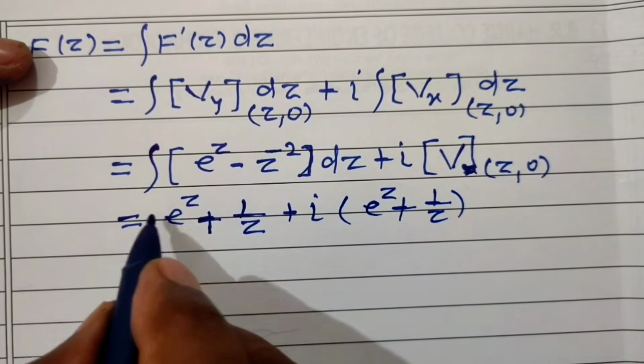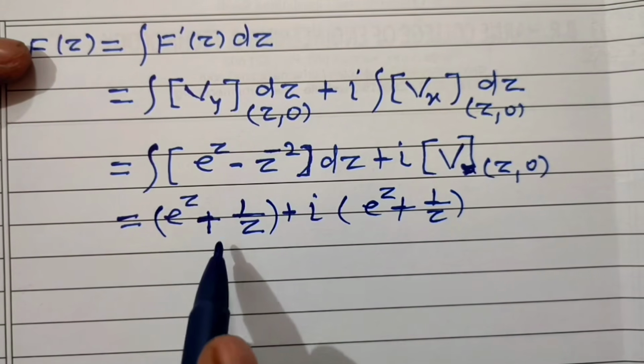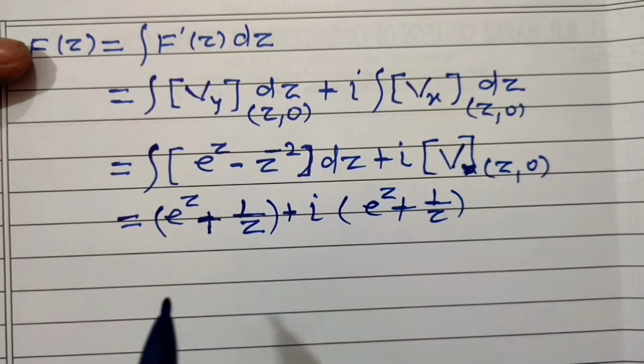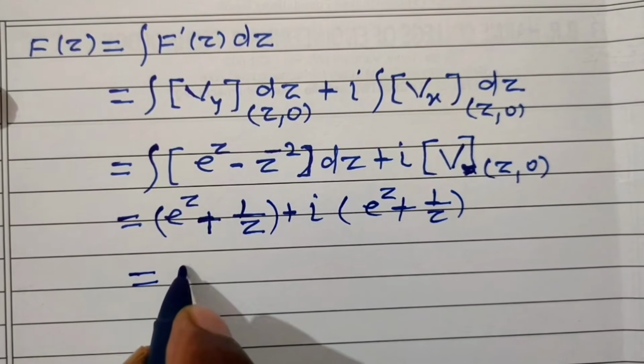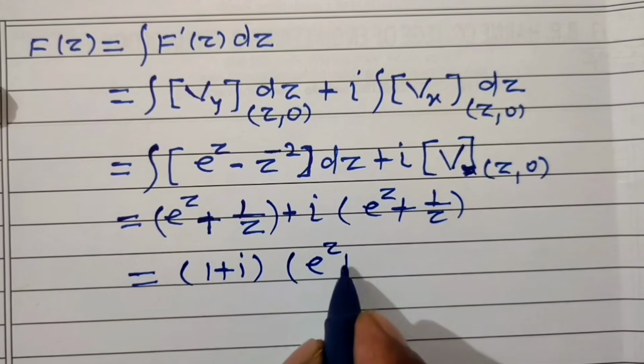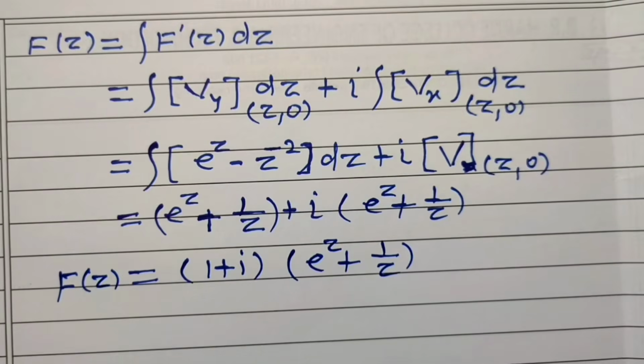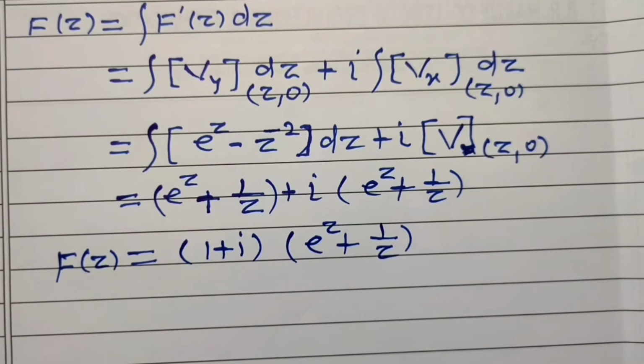Okay. Now from these two terms we can take e to the power z plus 1 upon z as a common bracket, and this can be written as 1 plus I into e to the power z plus 1 upon z. This is capital F of z. Let us find the analytic function small f of z.